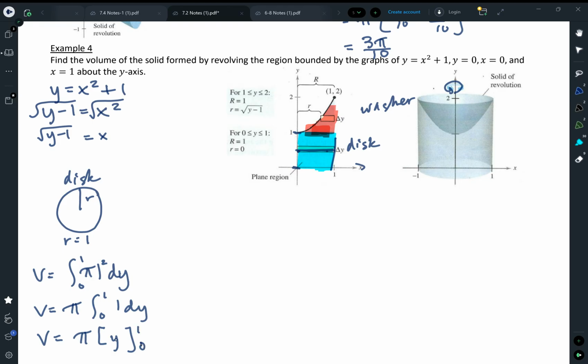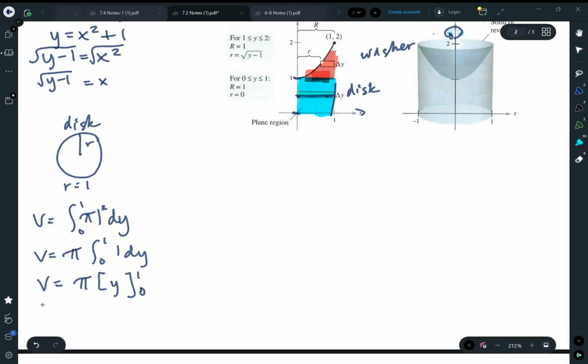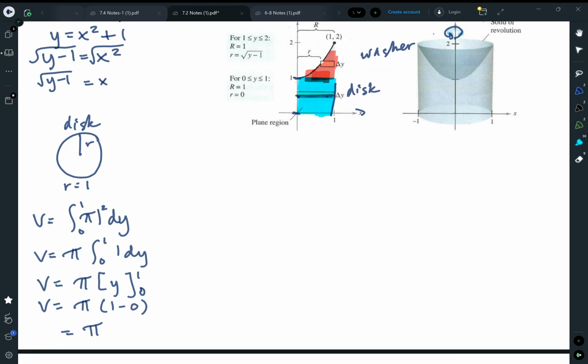So V is going to be pi times 1 minus 0, which is just pi for that first part of it.